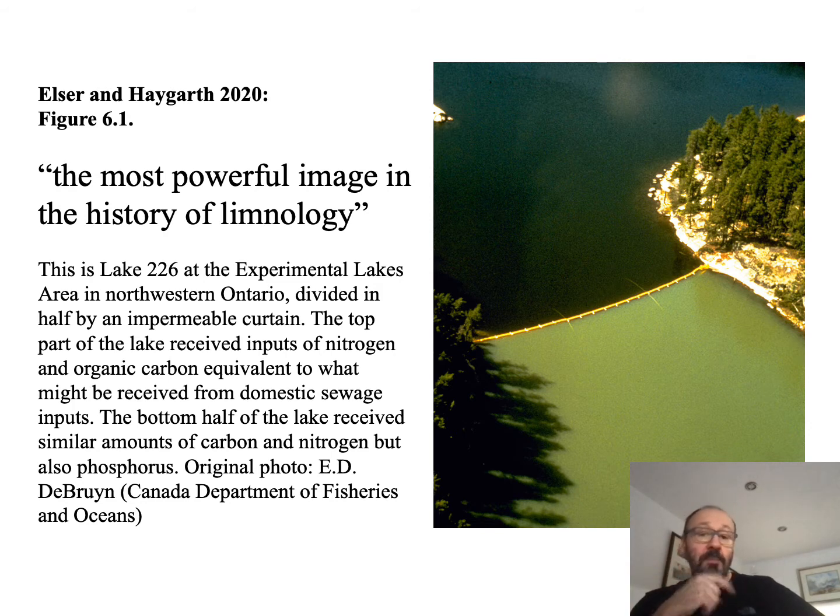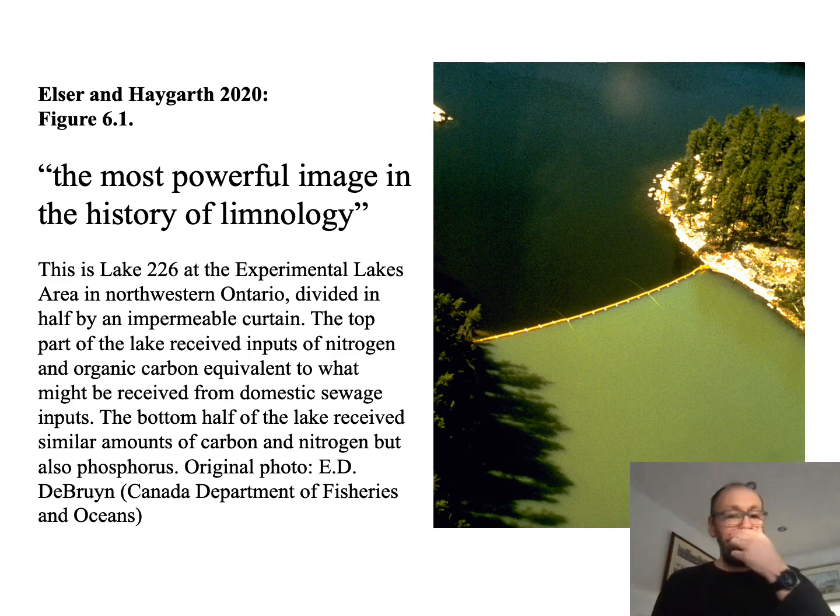And very, very simply, it was a lake in northwestern Ontario in Canada, and this experiment happened in the 60s, 70s, early 70s, I believe it was, and it was called Lake Number 226, which was a series of experimental lakes that was being led that time.